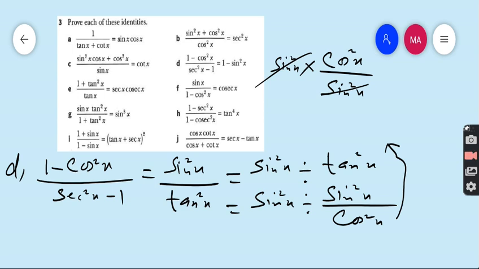Remaining is cos square x, and cos square x is what? 1 minus sin square x. So we achieve left hand side, right hand side, because the right hand side is 1 minus sin square x. Okay, so it is proved that left hand side is equals to right hand side. Move to part E.